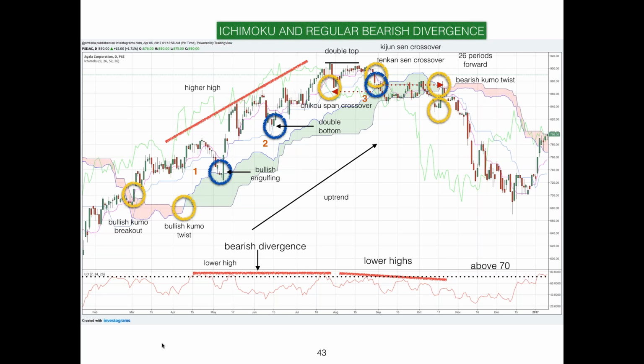Finally, price broke below the Kumo. And then a strong downtrend followed. So we see that bearish divergence working with the Ichimoku elements. There's a strong possibility of a drop because we see not only the bearish divergence, but also all the other Ichimoku elements telling you bearish scenario ahead.